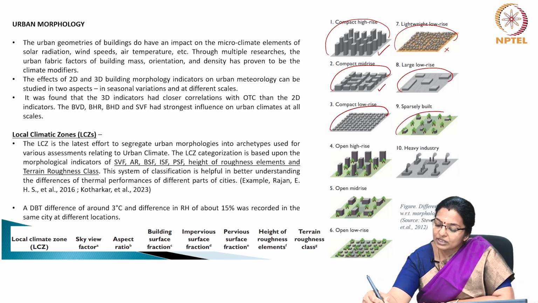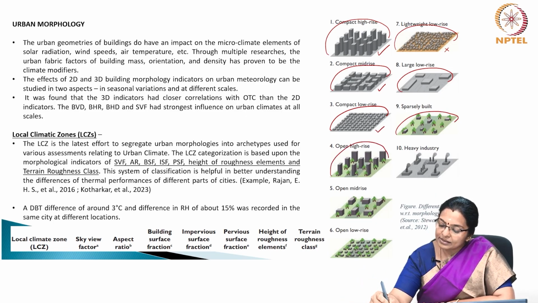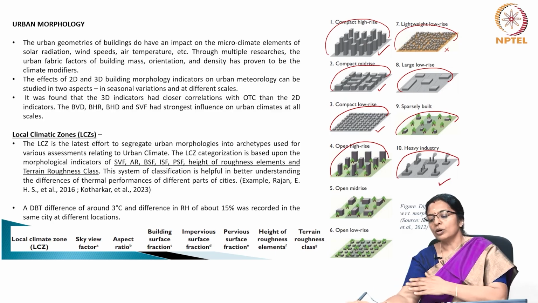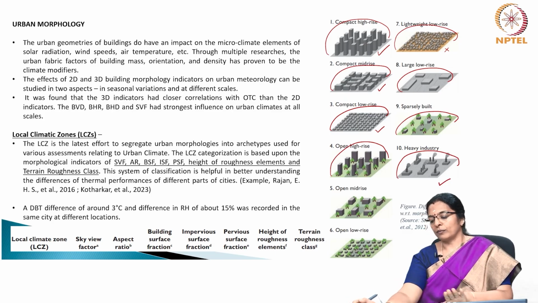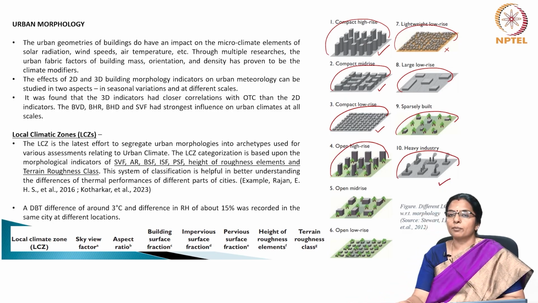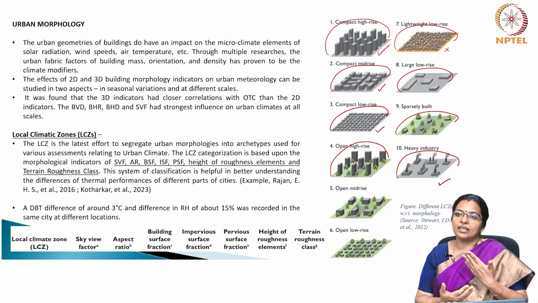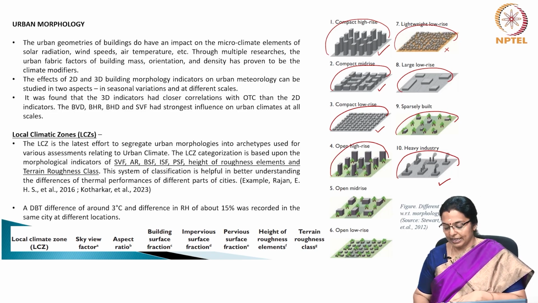Compact low-rise versus sparsely built with a lot of green vegetation, and open high-rise with vegetation versus heavy industry, and so on. So, these are relative. There are various conditions which exist in urban areas, and one is better or worse than the other in terms of increasing urban heat island.